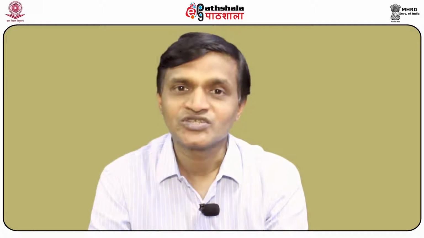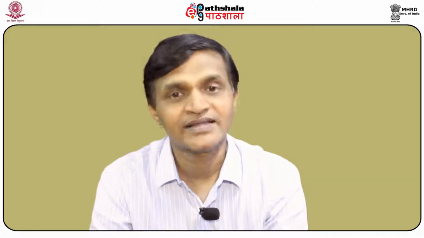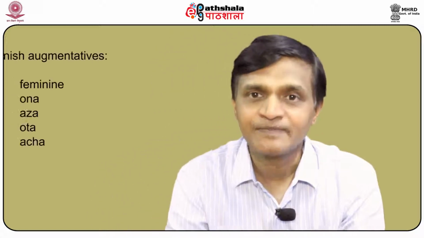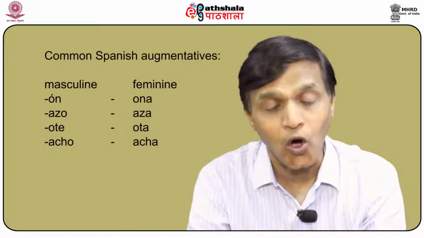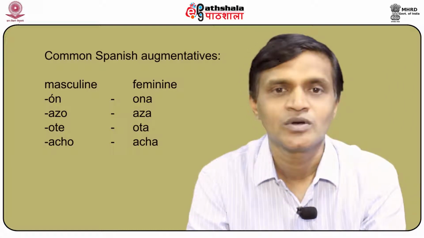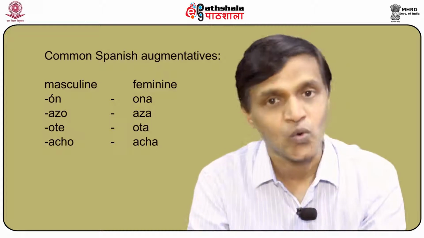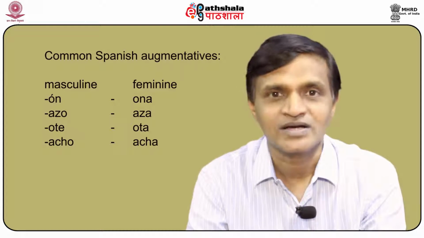Augmentatives also change according to the gender and number of the word that they modify, like any other noun. Common Spanish augmentatives in masculine are on, aso, ote, acho. In the feminine, they are ona, asa, ota, or acha.